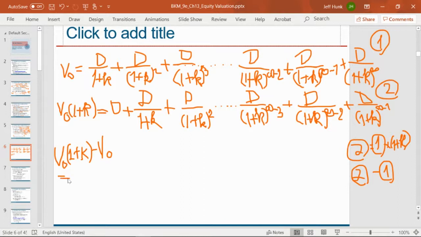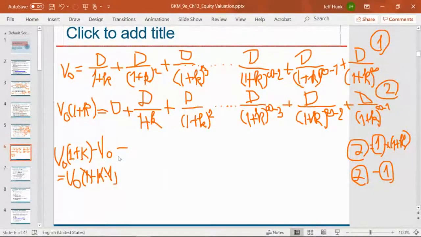And we know it can be rewritten by factoring out V0, so it becomes V0 times (1 plus k minus 1), right? Of course, they cancel out.